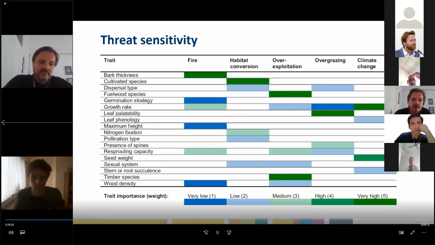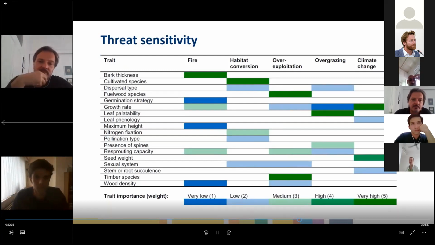So the last slide showed some examples, and this slide shows now the full threat sensitivity assessment approach we applied. For each of the threats, we linked them with a number of species traits. In addition, we gave a different weight to these traits.